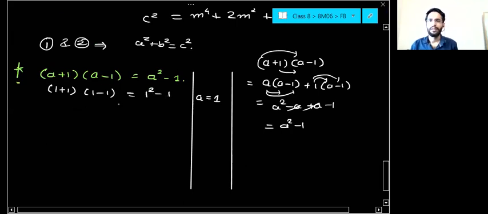It is 1 square minus 1. Check: 1 minus 1 is 0, 0 into anything is 0, and 1 square is 1, 1 minus 1 is 0.